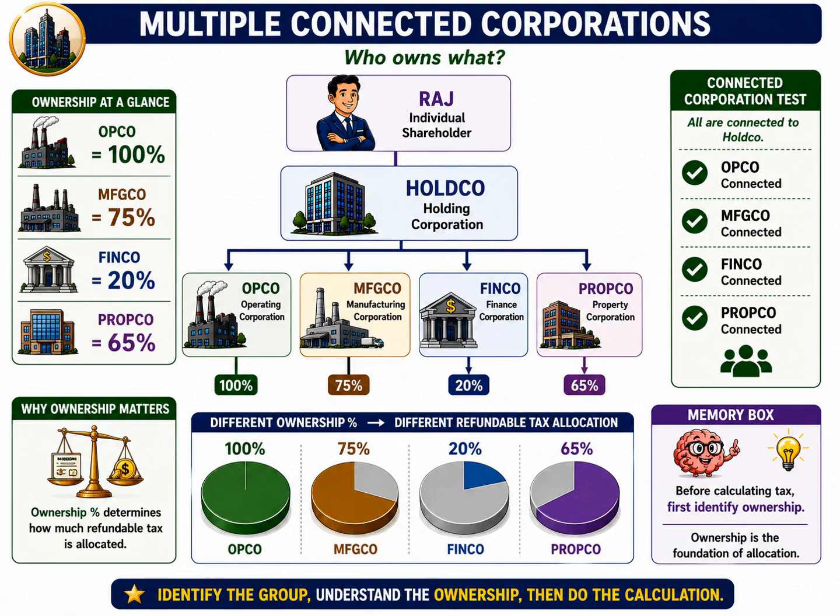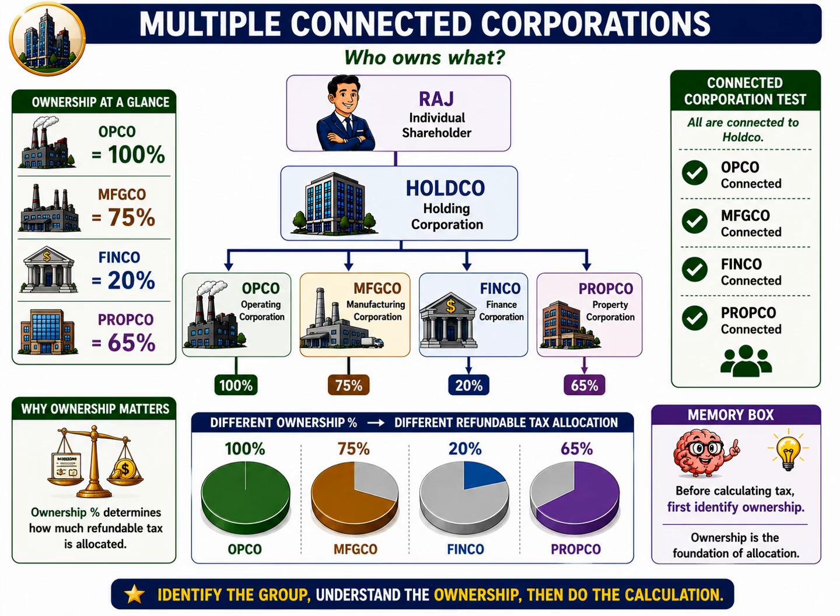First, Holdco owns 100% of OpCo, because Holdco owns all of OpCo. This is the simplest ownership relationship in the group. Next, Holdco owns 75% of MefGeco, the manufacturing corporation. Holdco does not own the entire company, but it still has a significant ownership interest.